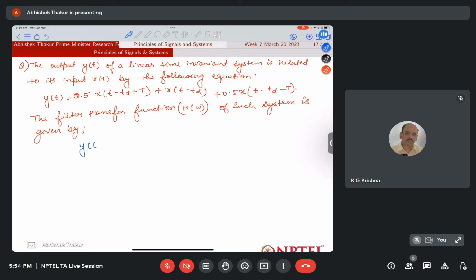Here first our output-input equation is 0.5. Okay, so now we'll take the Fourier transform on both sides.